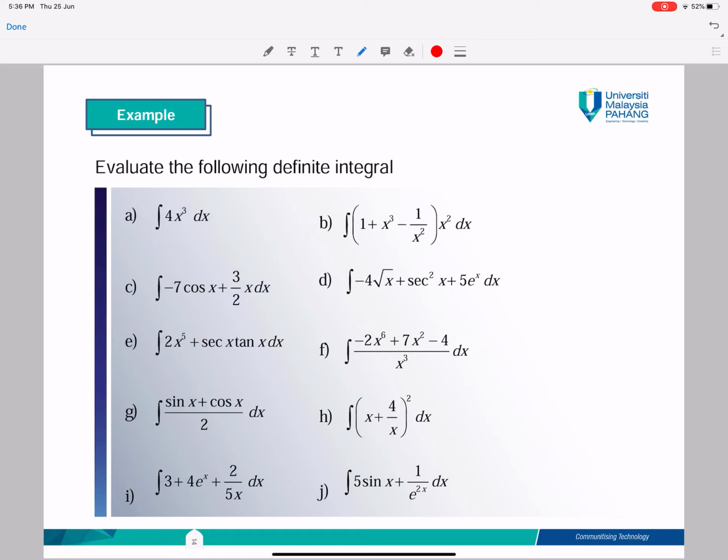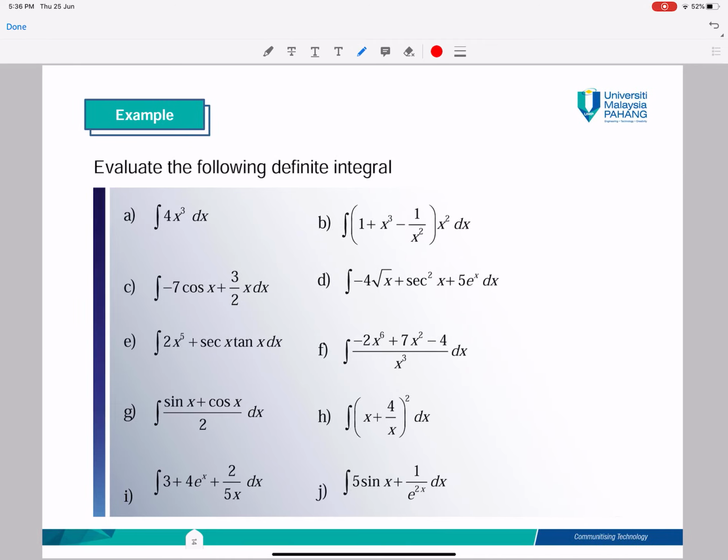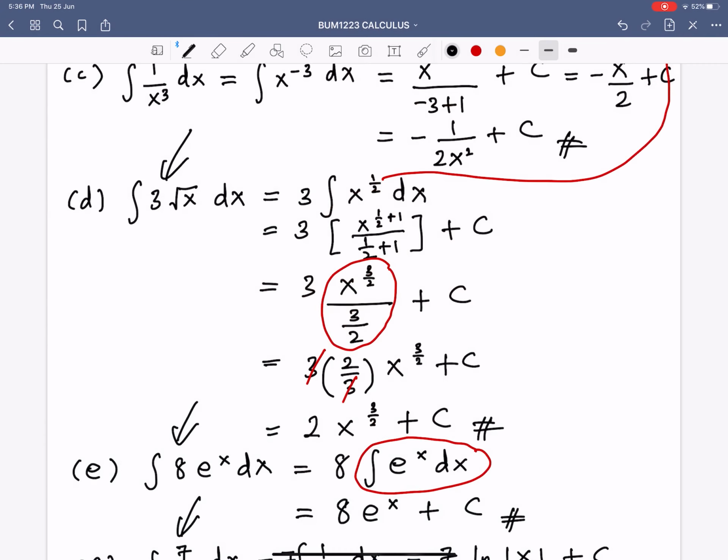So I'll show the solution for this. We will discuss the solution here. Okay, so let us look.